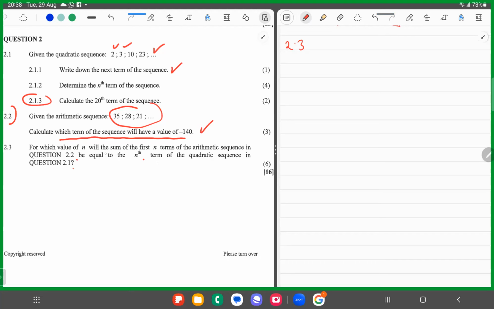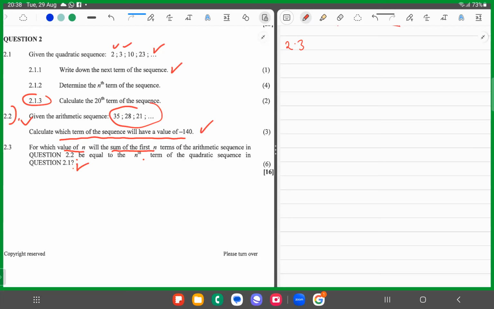All right, so we are looking at the value of n for which the sum of the first n terms of the arithmetic sequence in question 2.2, which is this one, will be equal to the nth term of the quadratic sequence in question 2.1. Okay, so that's easy. So you're just equating the two there.